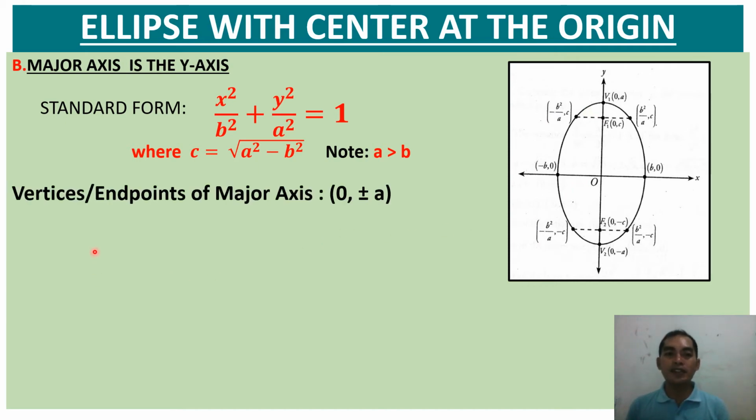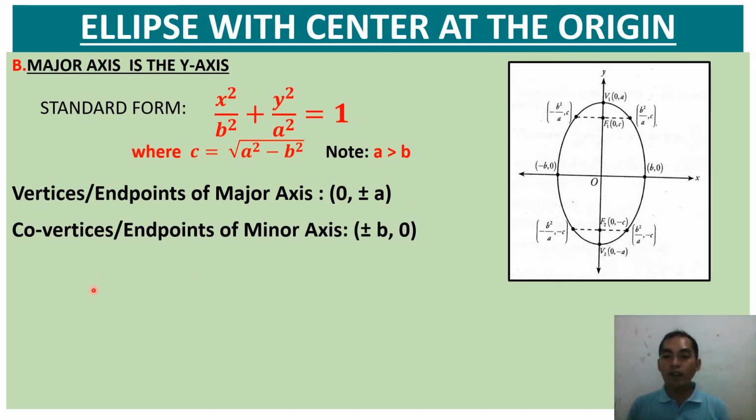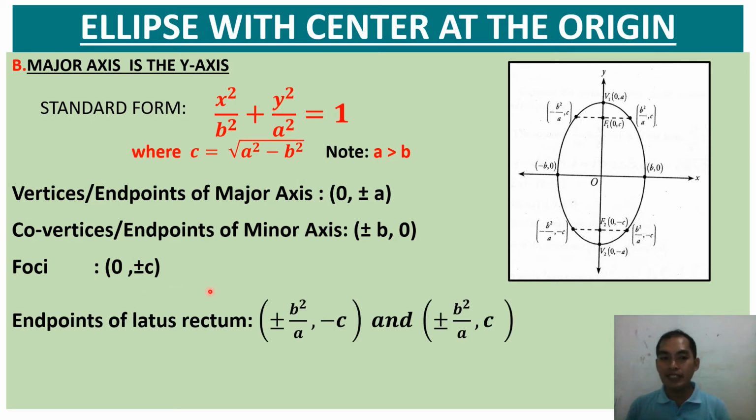How about the vertices or endpoints of the major axis? So we have the coordinates 0, plus or minus a. The co-vertices or the endpoints of the minor axis, we have the coordinates plus or minus b, 0. And the foci, we have the coordinates 0, plus or minus c.